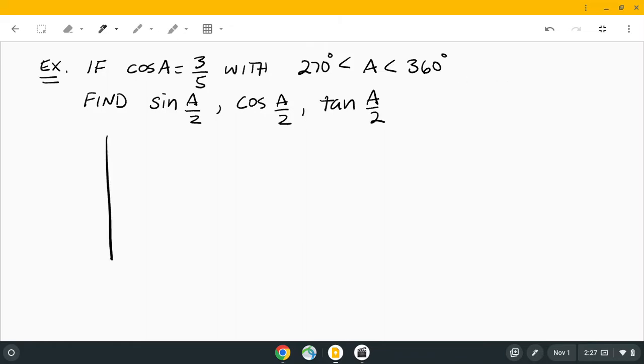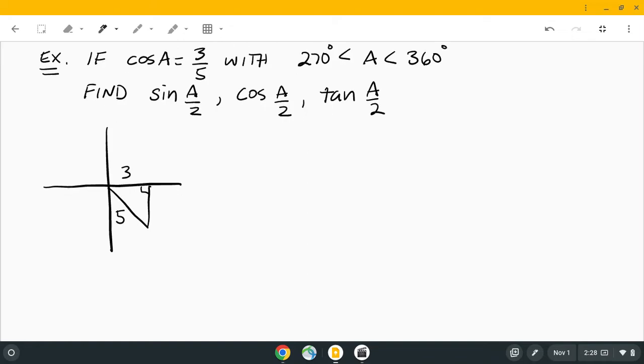So A is between 270 and 360. Whenever they're giving you information about quadrants, definitely draw it out. A is somewhere in there, and cosine of angle A is adjacent over hypotenuse.